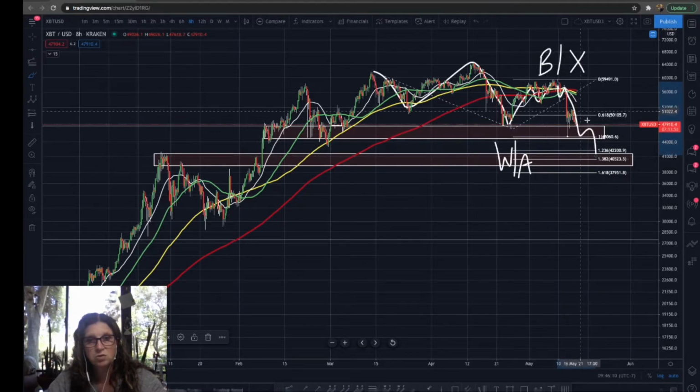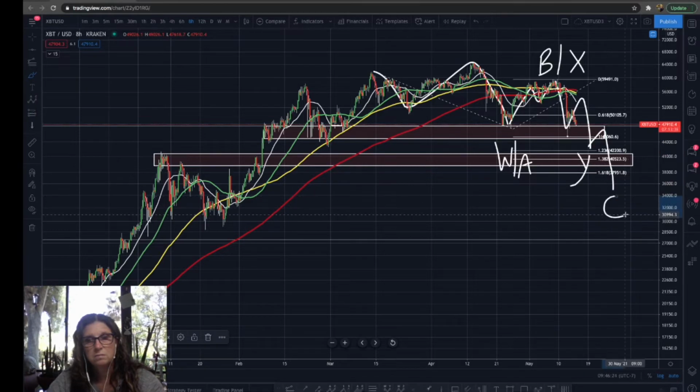But that's still to be determined. So if we make a 3-wave, it would be a Y. And if we make a 5-wave, it will be a C. That's the difference in the labeling.